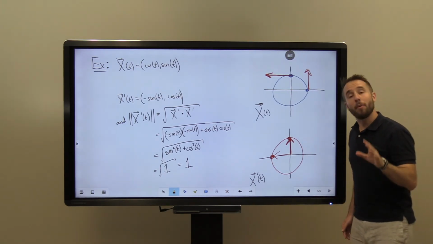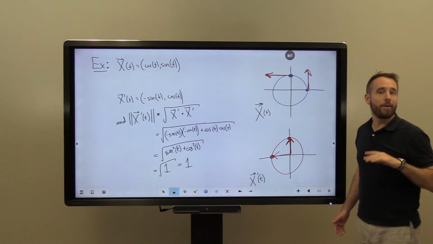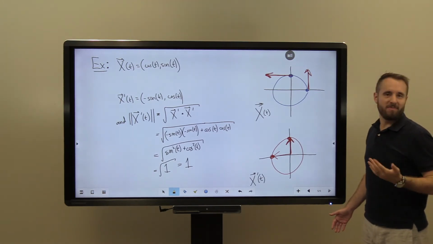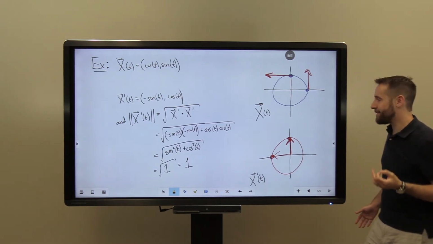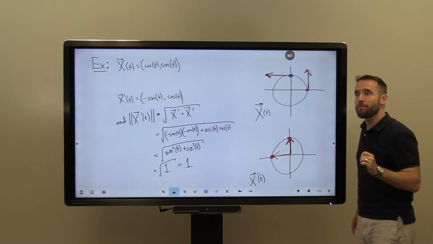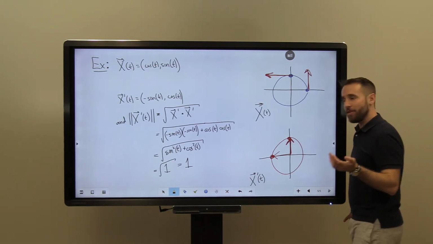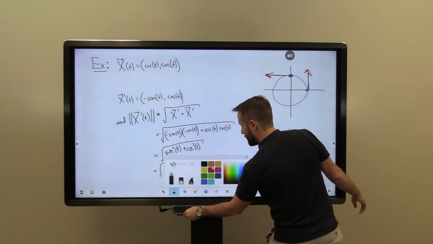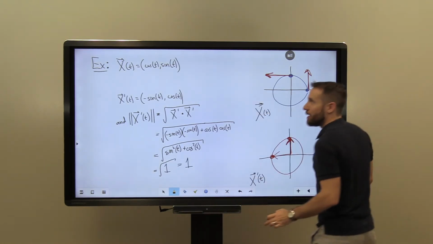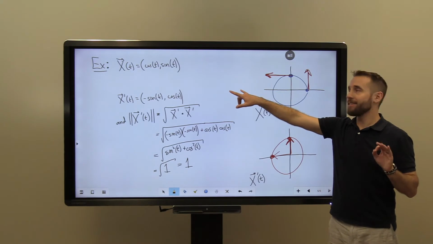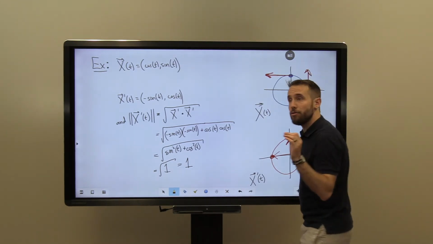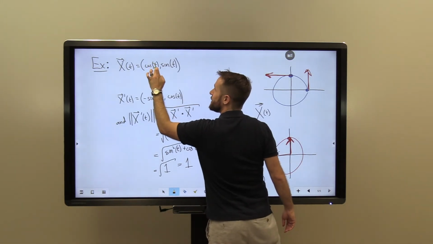Perfect. I want to end just by going through a perhaps illustrative example to see what will happen if we reparameterize this curve in the way we've already seen. Specifically, what would happen if instead of having our original x of t be cosine of t, sine of t, it was equal to cosine of 2t, sine of 2t.